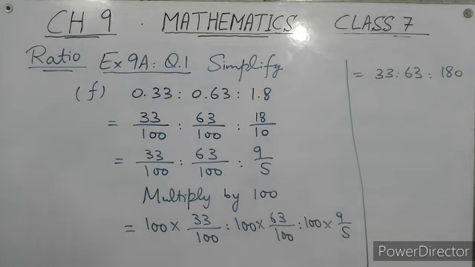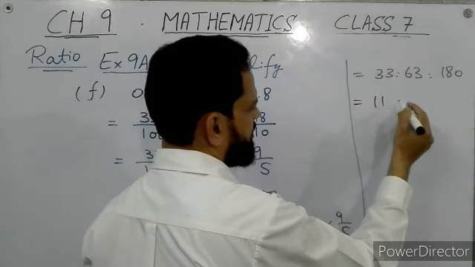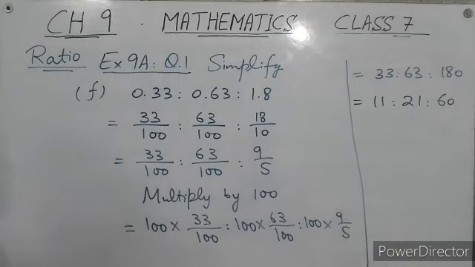So you will divide all the terms by 2, but all the terms are not divisible by 2, then by 3. All the terms are divisible by 3, divide them. Again you will check the division by 3, but all the terms are not divisible by 3.